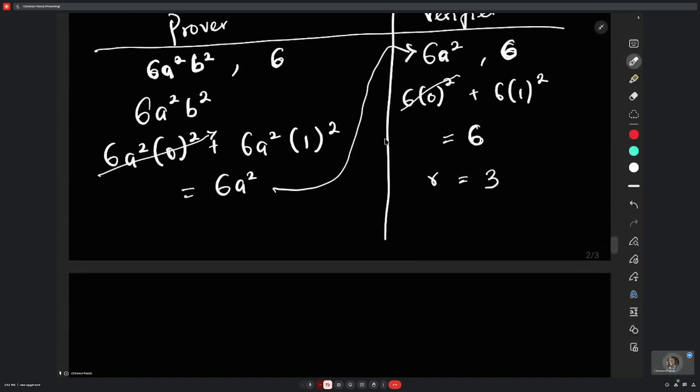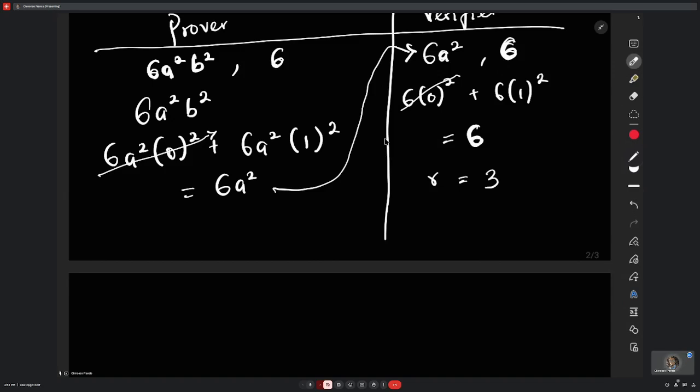So the prover sends the univariate polynomial and the claimed sum to the verifier. The verifier evaluates it at 0 and 1, and gets 6. 6 is equal to the claimed sum, so the verifier accepts and then samples a random challenge.